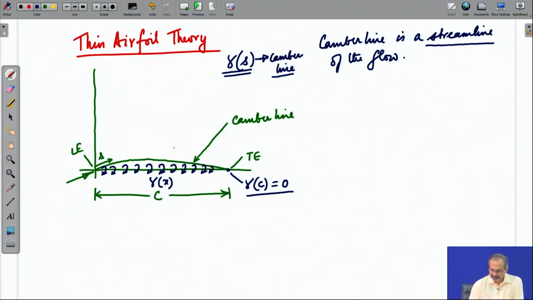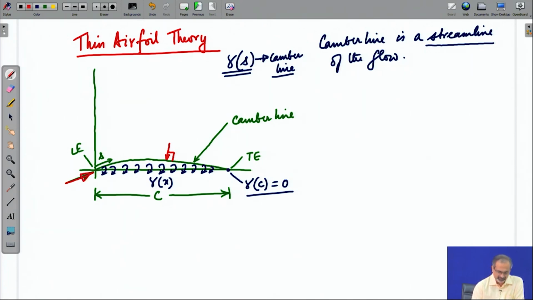So, let us say if we identify the velocity component normal to the camber line, then that velocity component in a net sense should be 0. So, one part of it will be coming from what is induced by the vortex sheet, the other part of it will be coming from the free stream.